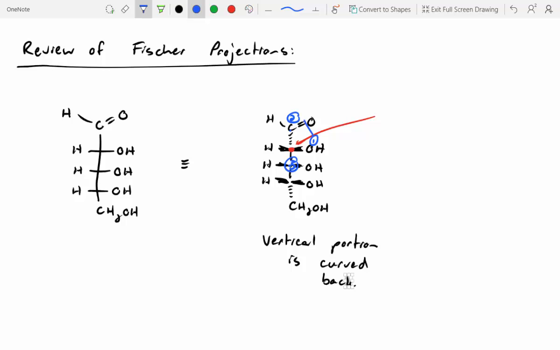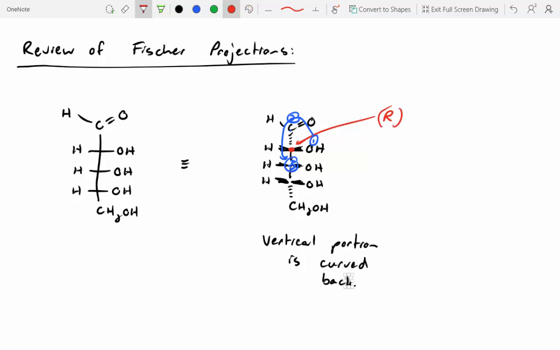So if we look at this, we're going counterclockwise around it. So will this be R or S? R. It'll be R. Why will it be R? Yeah, the lowest priority is pointing towards you. If the lowest priority is pointing towards you as a wedge, you got to flip that stereochemistry. So in this case, this would be an R stereocenter.